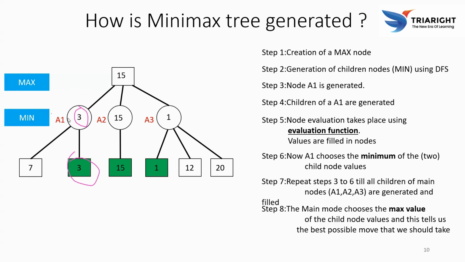If we have a min node, we take the minimum value. If we have a max node, we take the maximum value. So here we have a max node, and we want to assign this value, which previously we did not assign. So for a max node we take the max value, and for a min node the min value.